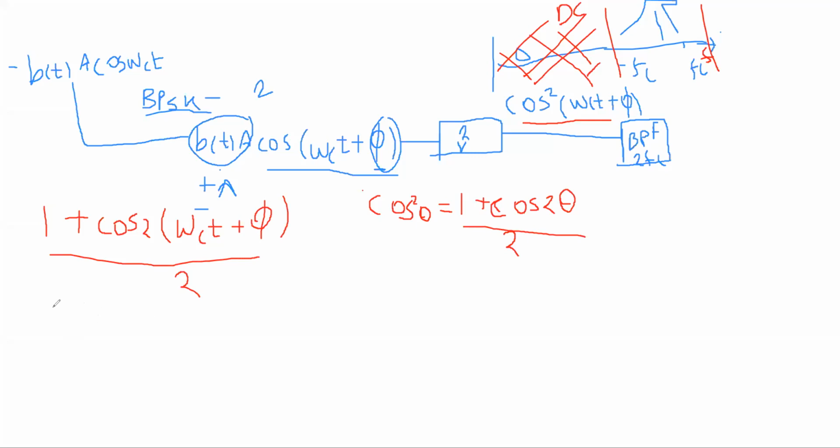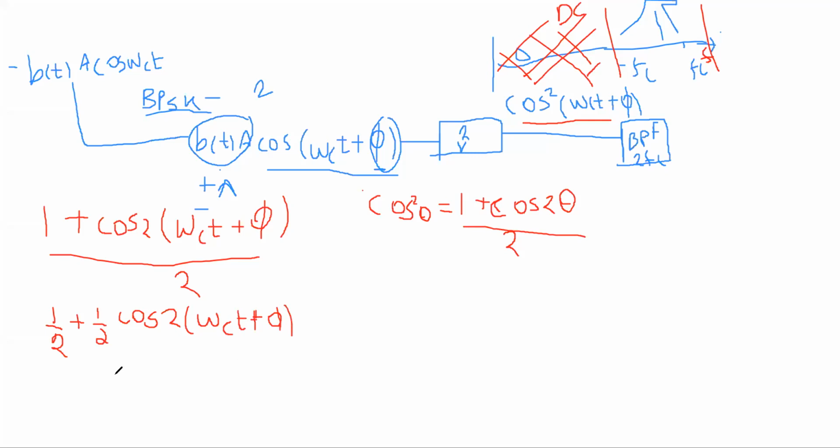If we separate it out, then it will be 1/2 plus 1/2 cos of 2 omega ct plus phi.